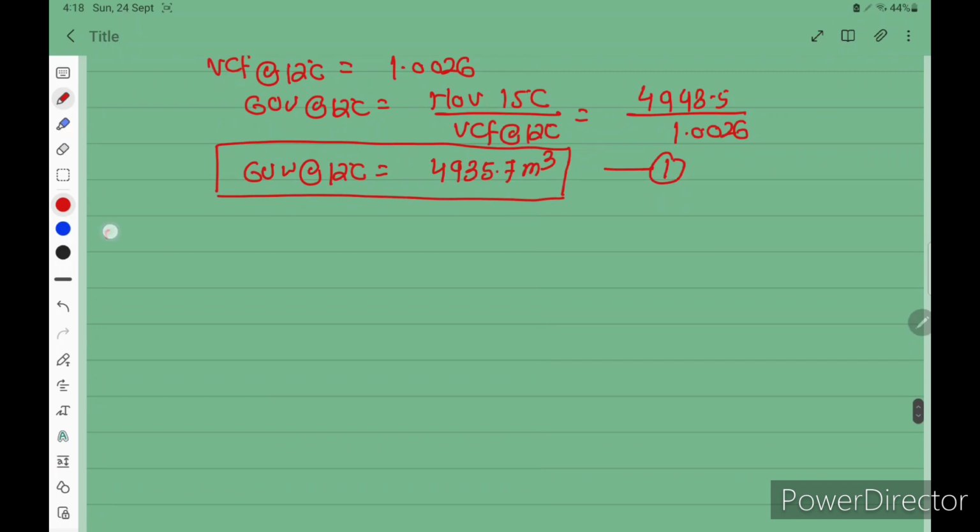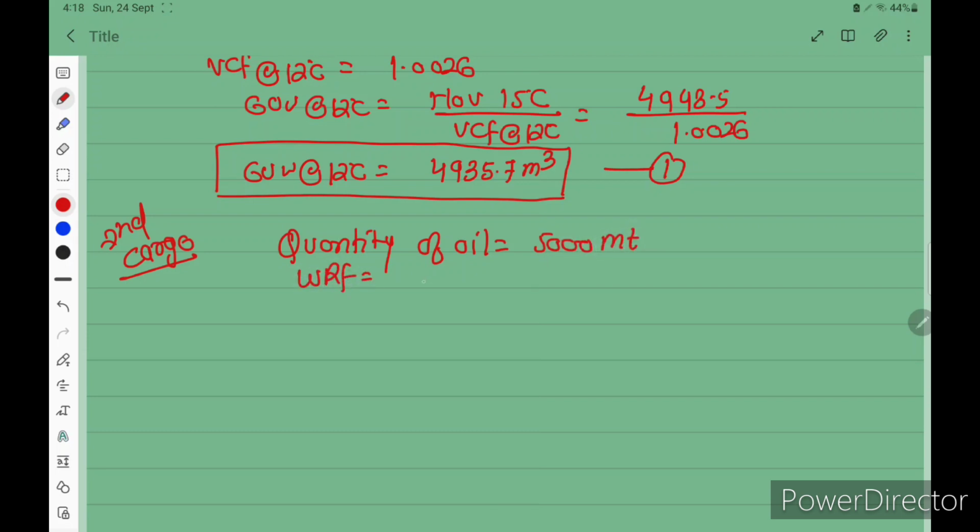Okay, now we have to solve the second cargo. Here mass is given, so quantity of oil is 5000 metric tons, weight reduction factor 0.867 plus 0.0011, this is universal, so we get 0.8856 tons per meter cube.